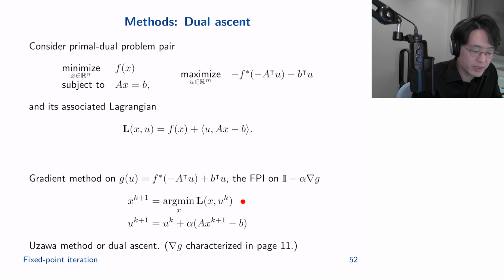This minimization step allows us to compute the gradient of g, and in particular, the gradient computation was characterized in our previous discussion, specifically on page 11. So the fixed point iteration with respect to this gradient descent operator with respect to the dual function g has this form, and it is referred to as the Uzawa method or dual ascent.